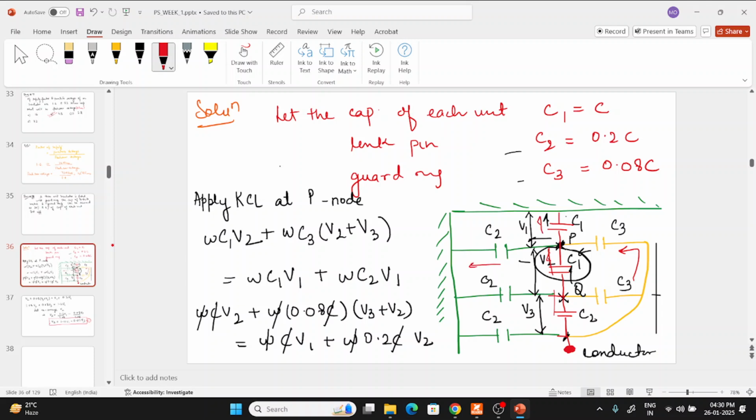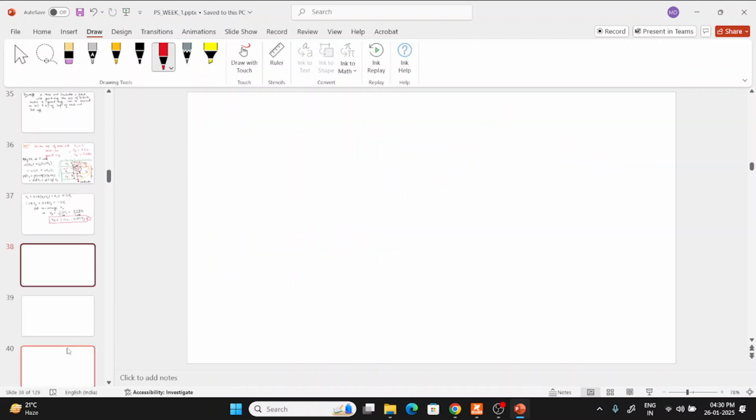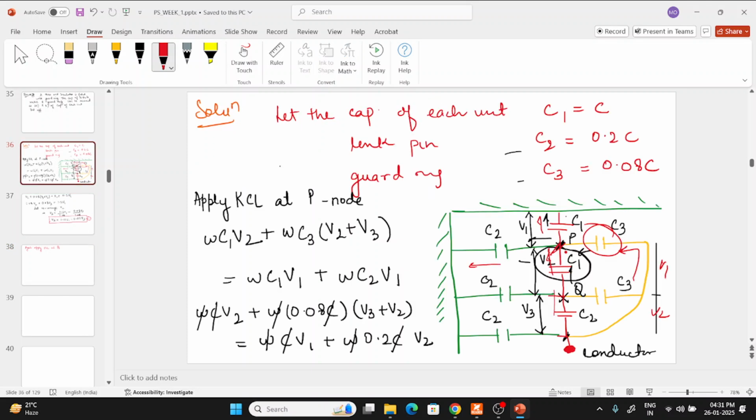So for C3, there should be a special instruction regarding this, that the voltage difference across the C3 is V1 plus V2. Okay. Now again we will apply KVL at where? Q point. Okay, at this point.